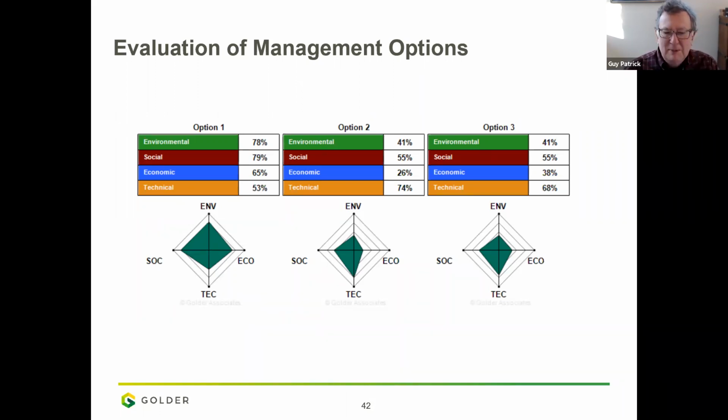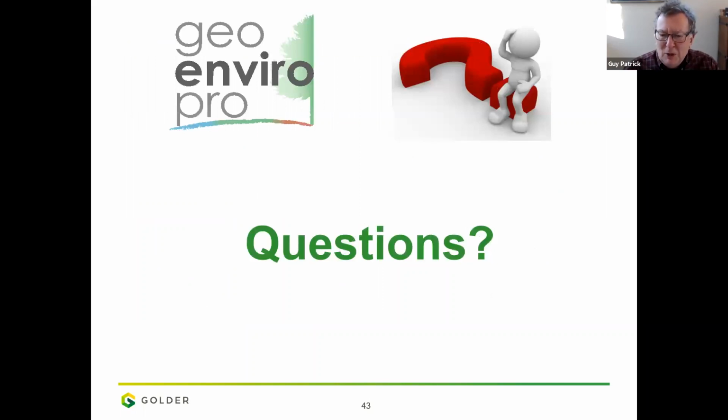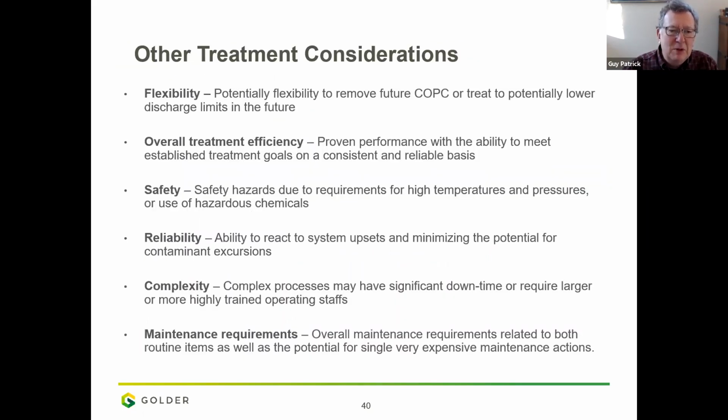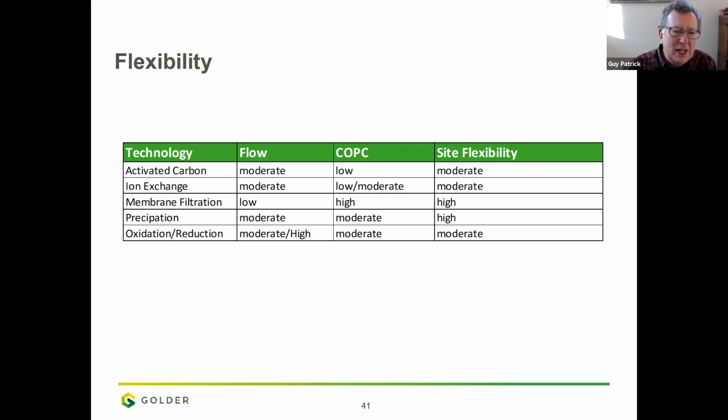In terms of questions, I know we've only got a couple minutes here, Ryan, but your second last slide about the options, if you could just flip back to that. In terms of flexibility, I think these had to do with treating the liquid waste stream, but you mentioned a few times that reverse osmosis, i.e. membrane filtration, looks like a proven technology.